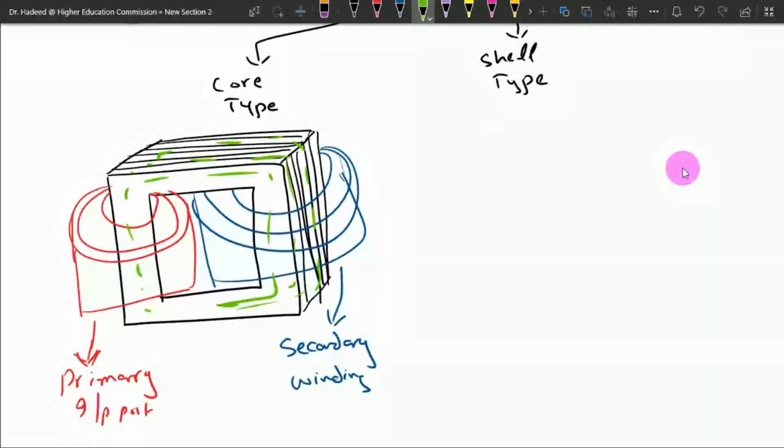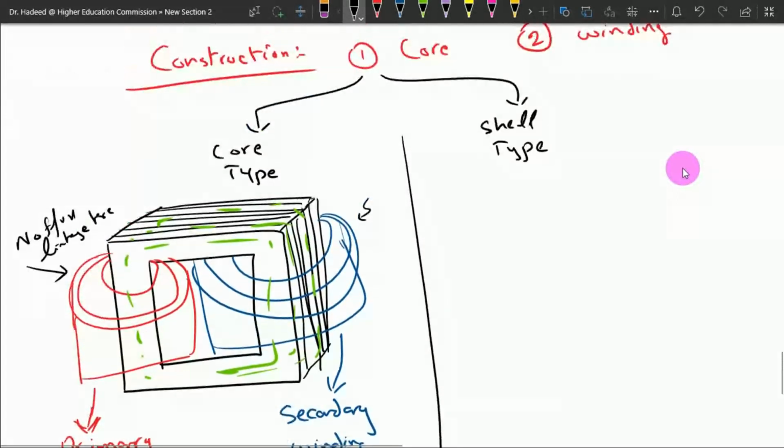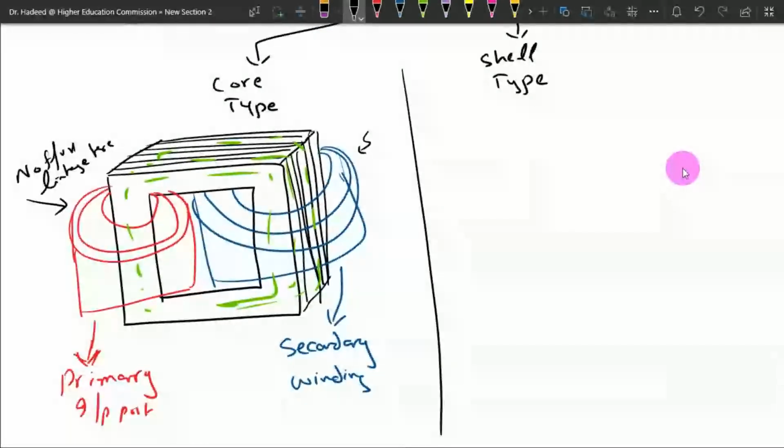Now this core type transformer has some issues. What is the issue here? The issue here is that we do not have a good flux linkage. So we address this problem by using a more expensive form of a transformer core, which is known as a shell type core.